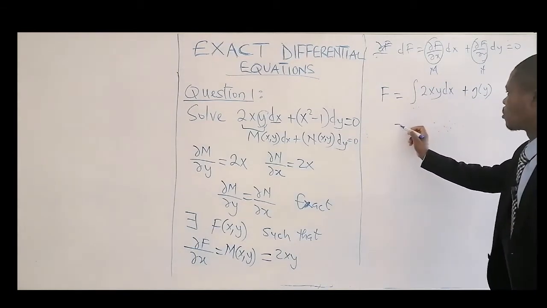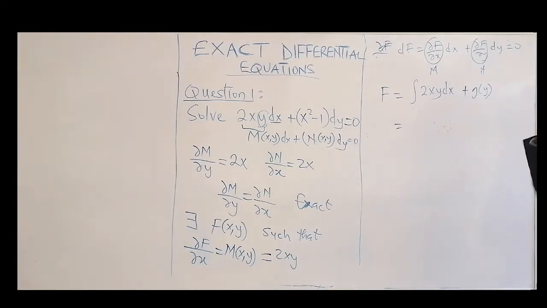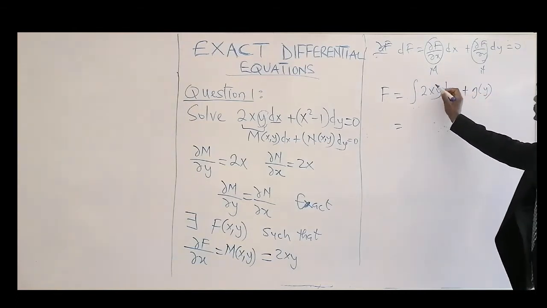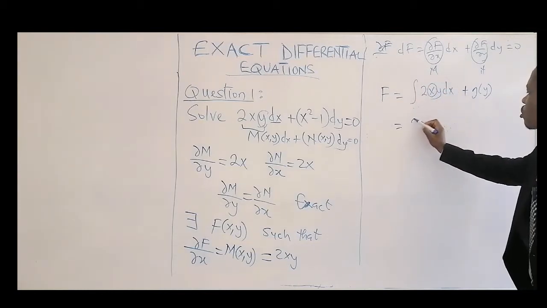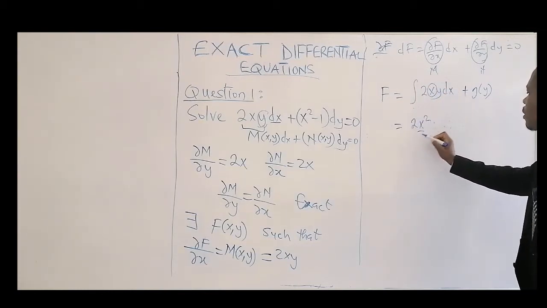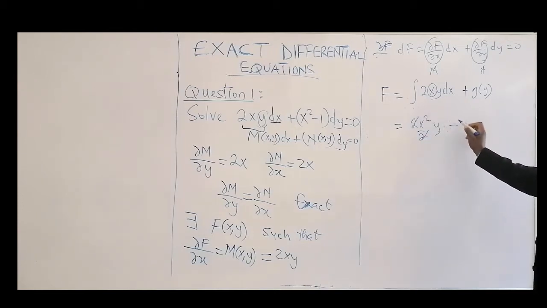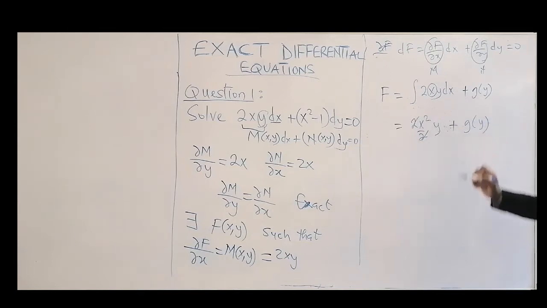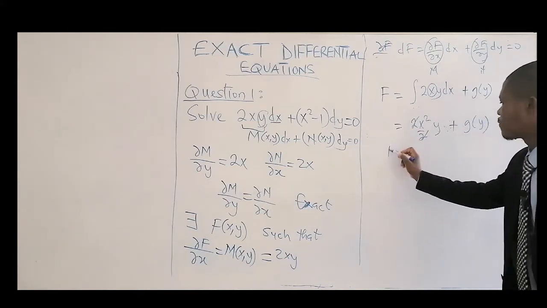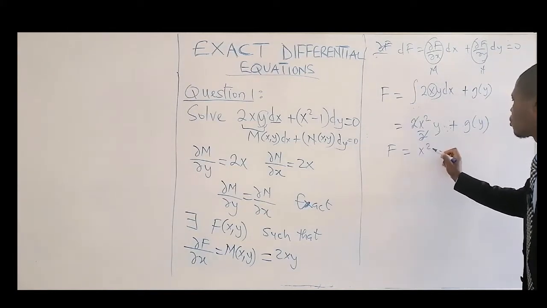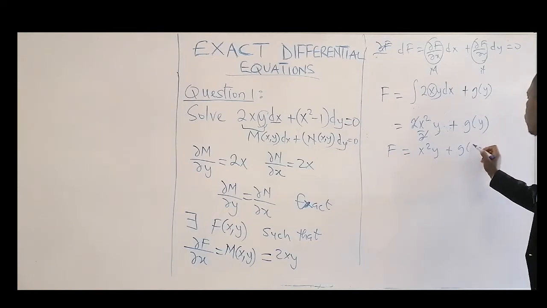In this integration, you are only looking for the x variable and integrating that one alone. This is a partial integration. So this will now become 2x squared over 2 times y. So these two will go, then I have g of y. So I'm having f equal to x squared y plus g of y.